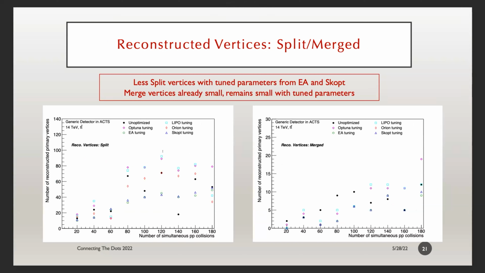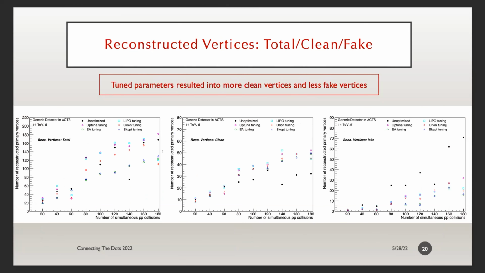Whenever we have more total vertices, there are more split vertices, and where we have fewer total vertices, we have fewer split vertices using the optimization algorithms. And the merged vertices are not showing much effect because these were already small. So we can see in the slide that there is a nice increase in the clean vertices and a nice decrease in the fake vertices using the optimized parameters over different pileup ranges.